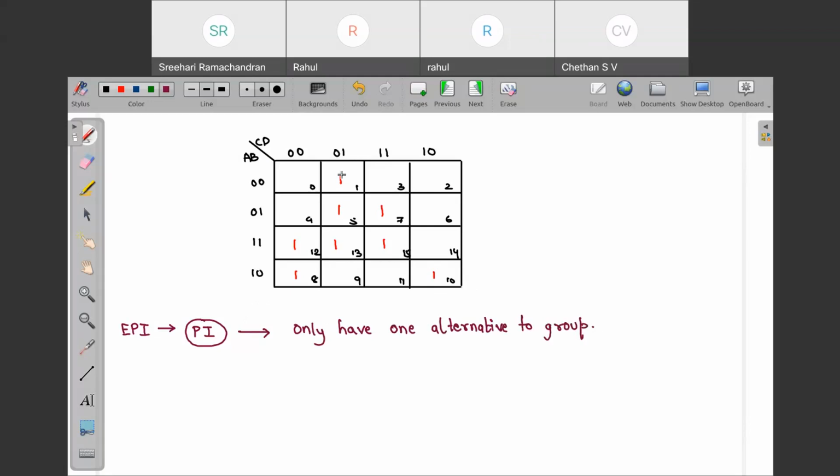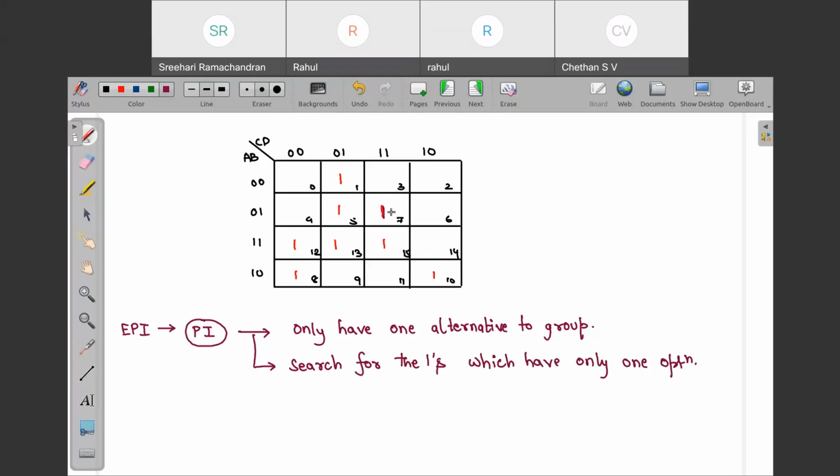So search for those ones which have only one option to group. Look over here, this one I am talking about.